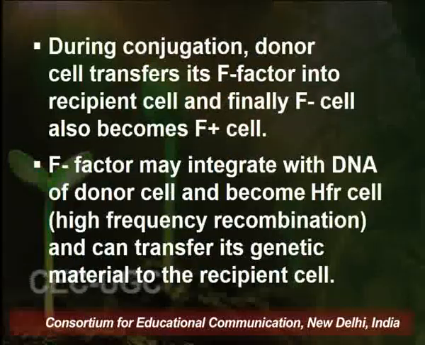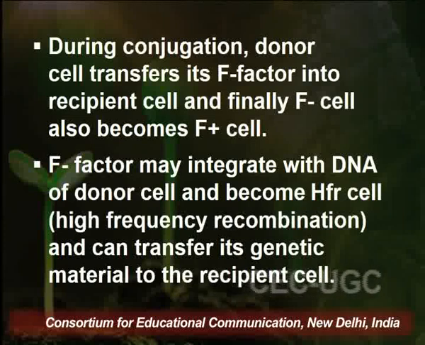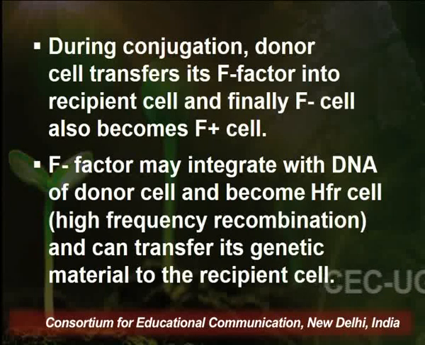So what really happens is that when the strains of E. coli are conjugating, because conjugation is one of the methods for sexual transfer of the genetic material, now the donor cell transfers its F factor into the recipient cell, and finally the F minus cell becomes an F plus cell.